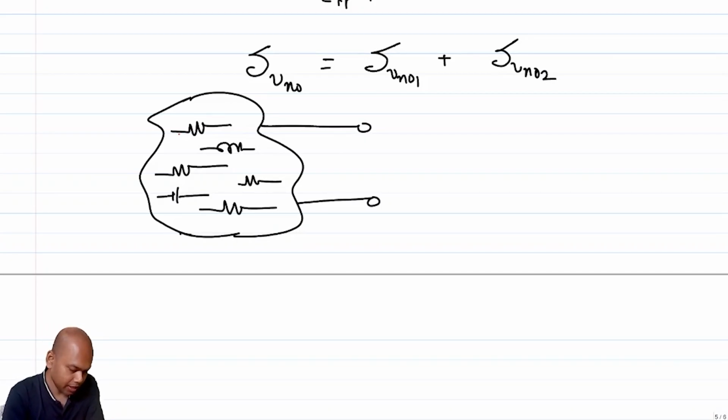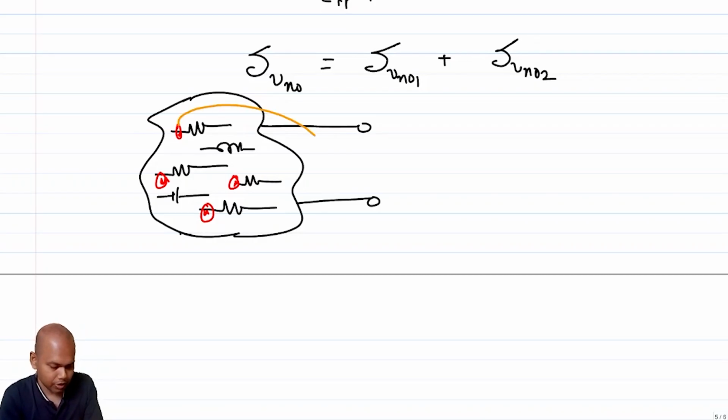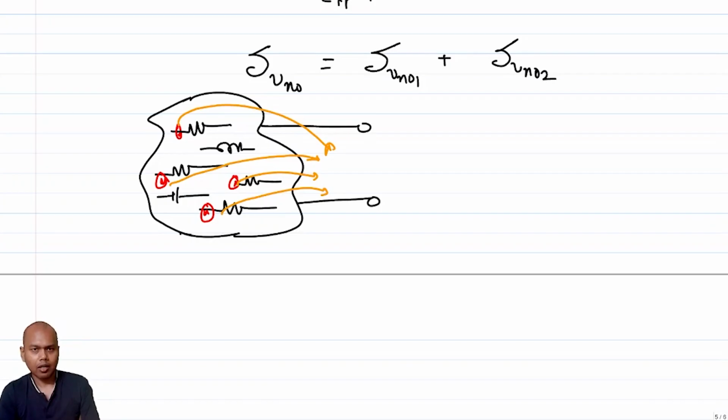I would have a noise source associated with each of those resistors, and I'm going to find out the transfer function from each of these resistors to the output, right? And then multiply the transfer function with the power spectral density for each of the resistors, and then sum up everything to get the output noise, right?